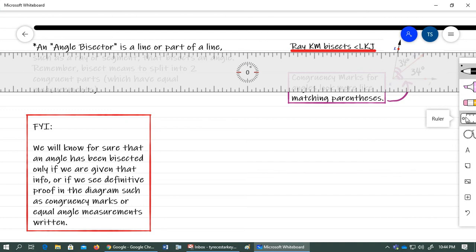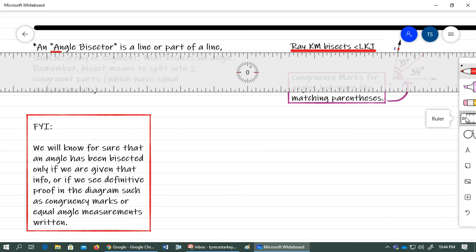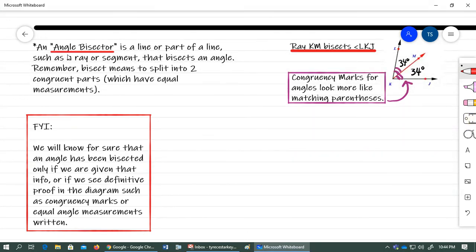If you remember, when we say part of a line, we could be talking about a ray, or we could be talking about a line segment. But it's a line or part of a line that bisects an angle. Remember, guys, that the word bisect means to split into two congruent parts. And remember that congruent parts have equal measurements.